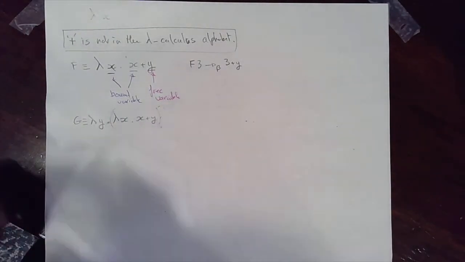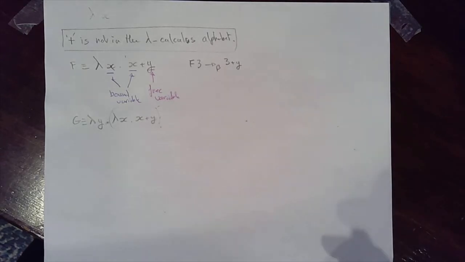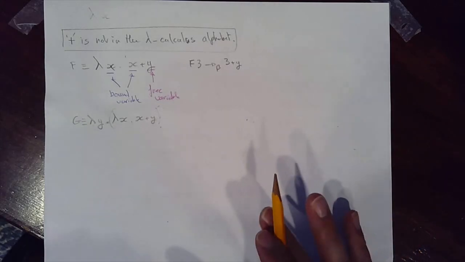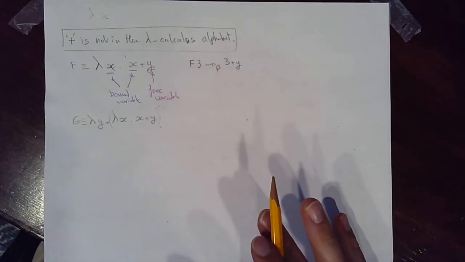In the Fernandez book, it's page 38. It's also explained in the notes. Basically, the idea is to say we sometimes need to do renaming.